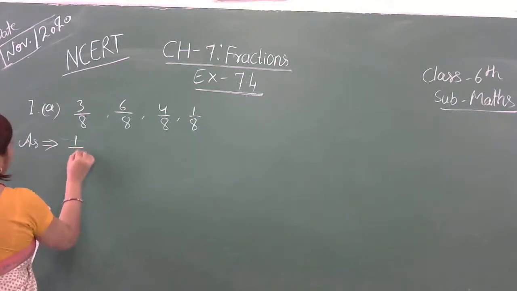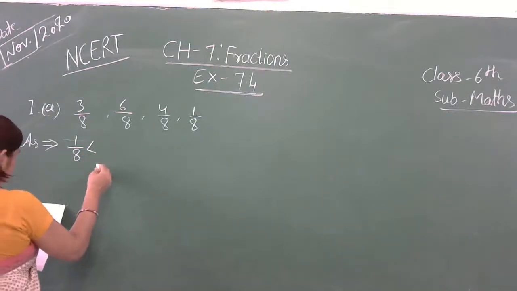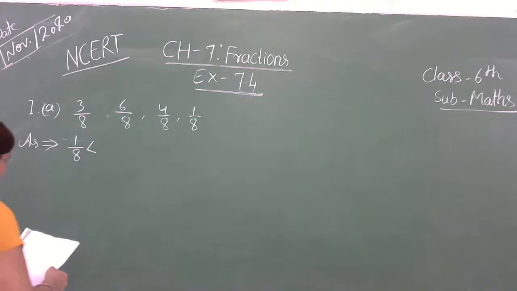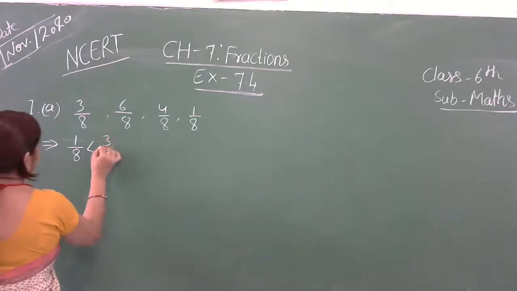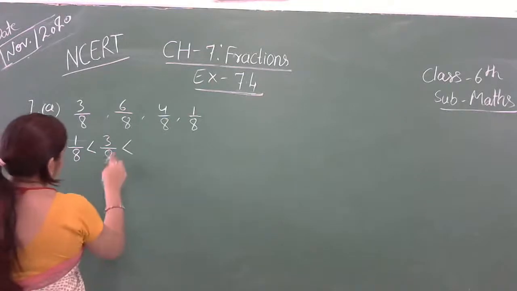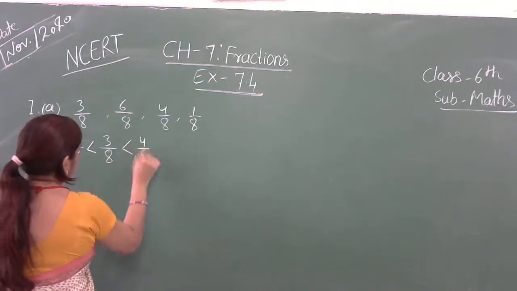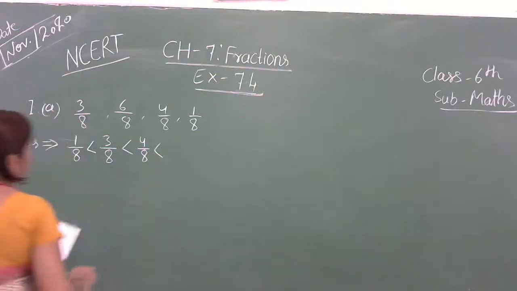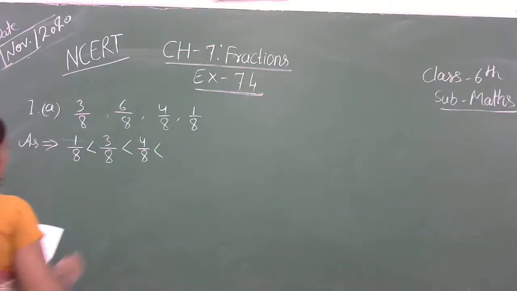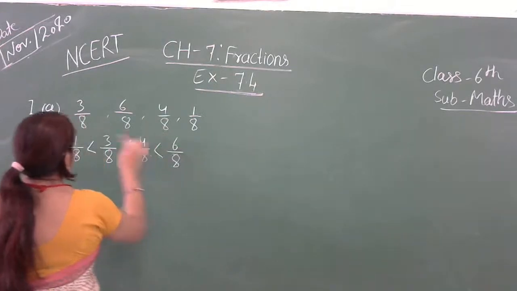Okay. Now 1 upon 8 is less than 3 upon 8. Now 3 upon 8 is less than 4 upon 8, and after that 6 upon 8. Isn't it?